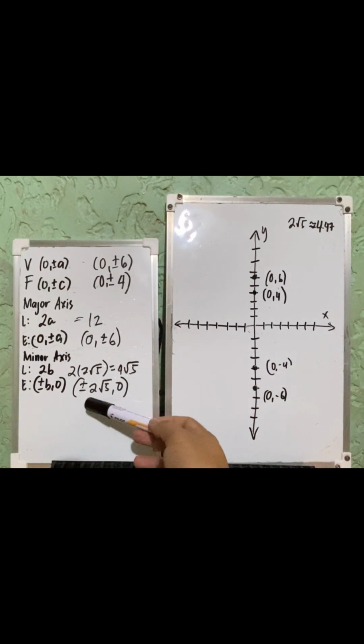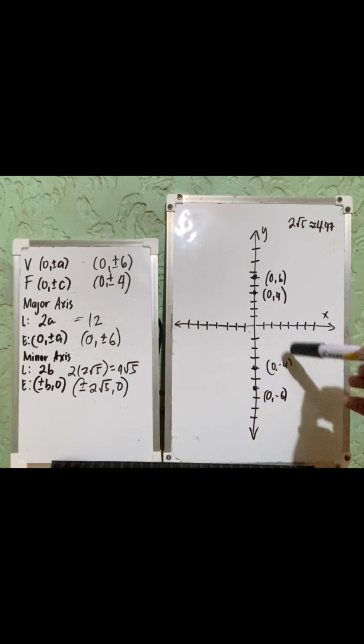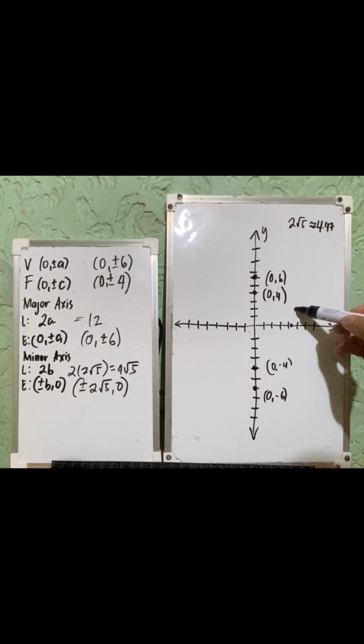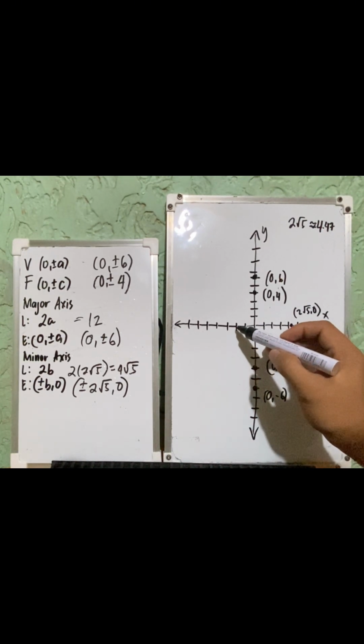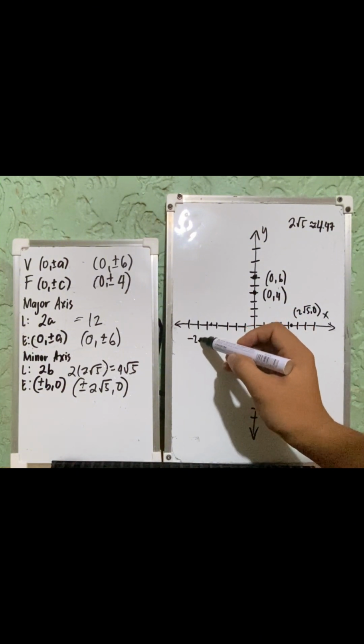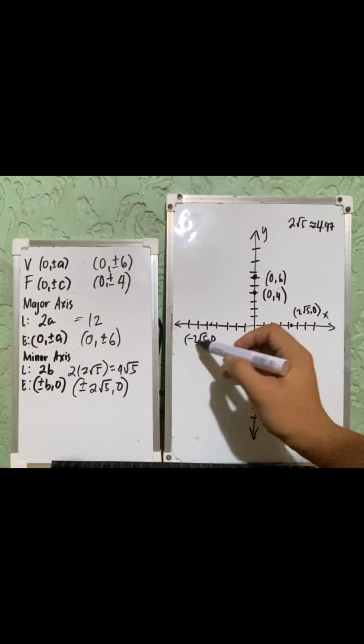So your co-vertex is 1, 2, 3, 4, 4.47, or we can write this as 2 square root of 5, 0. And this is negative 2 square root of 5, 0.